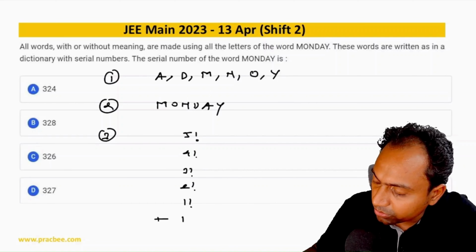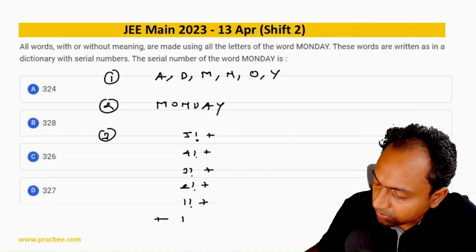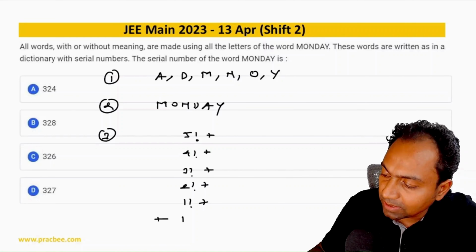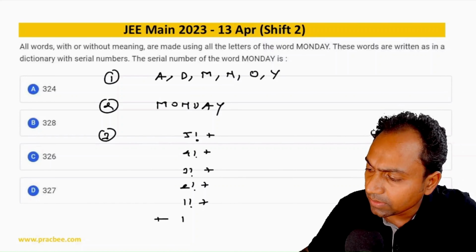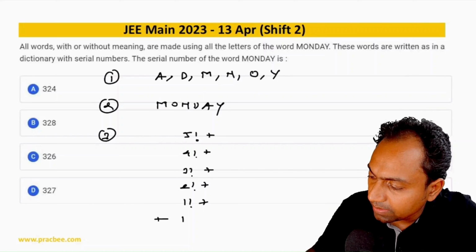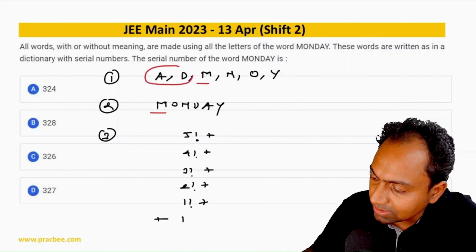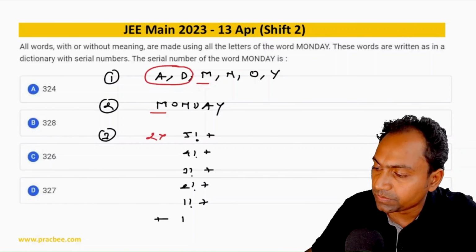So what we are going to do here is write something in multiplication of these factorials. Now how to do that? If my first letter is M, what I need to check is, before M, how many letters are present here. So you can see that there are 2. So with 5 factorial you can multiply 2.